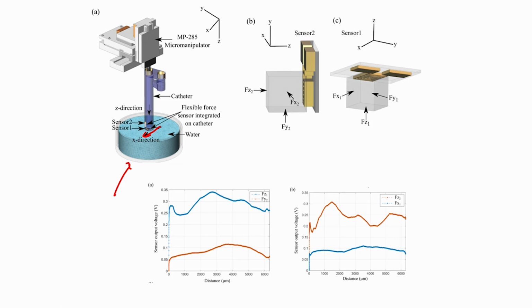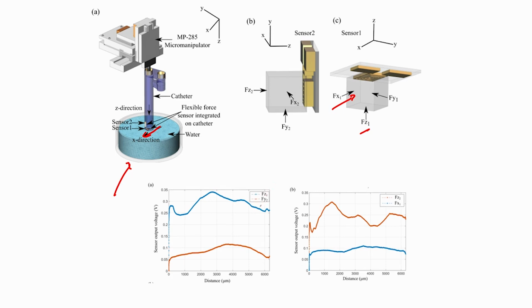The notations we have given are, let us say, fx1, fy1, and fz1. The same way, for sensor 2, fx2, fy2 and fz2. When I perform these experiments, I can see that based on where the force is acting, the values are different.